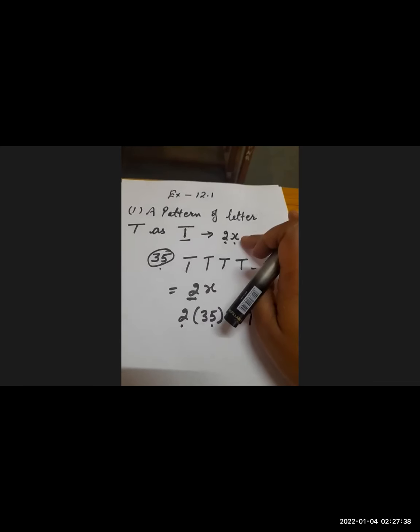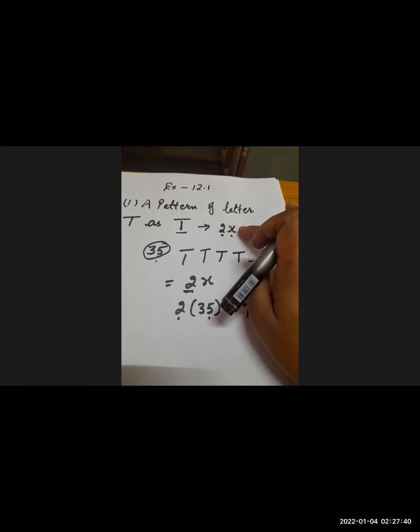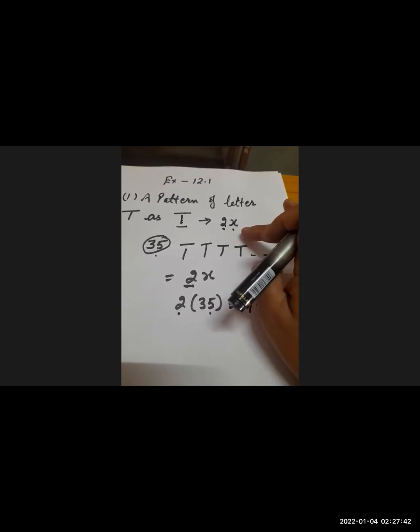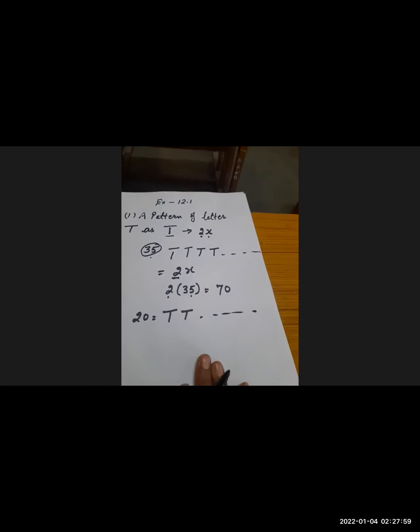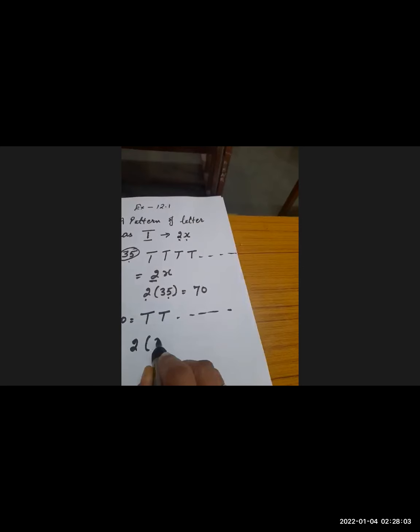Clear, students? So the purpose of this rule is, by using this rule, we can find how many matchsticks are required for 35 patterns. Same, suppose we are making 20 patterns and so on. Now find how many matchsticks you require. 2 multiply 20.